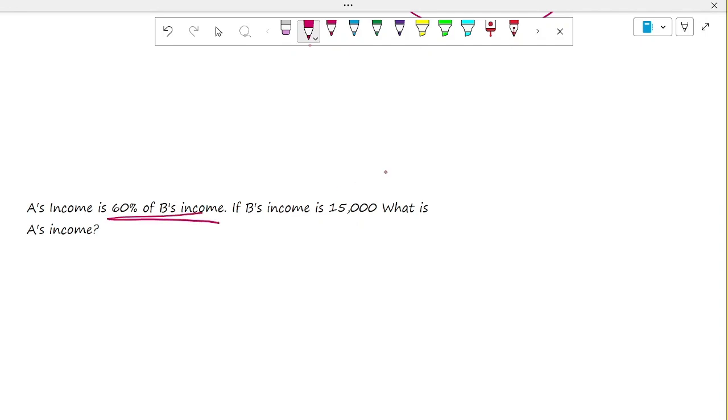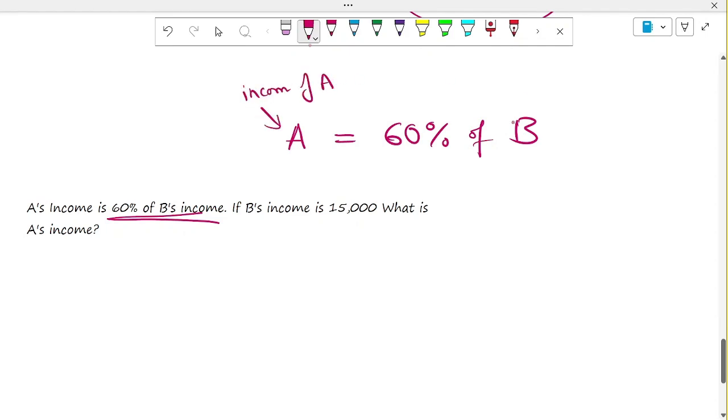How will you write it? A's income is equal to 60% of B's income. A is nothing but income of A, and B is nothing but income of B. And they have given in the question itself, B's income is 15,000.